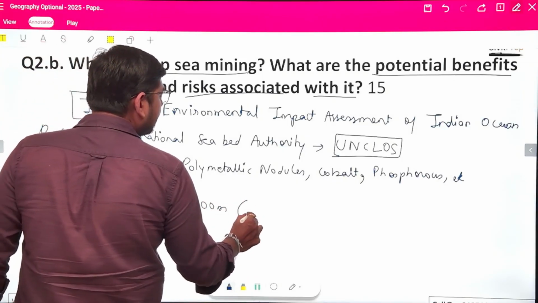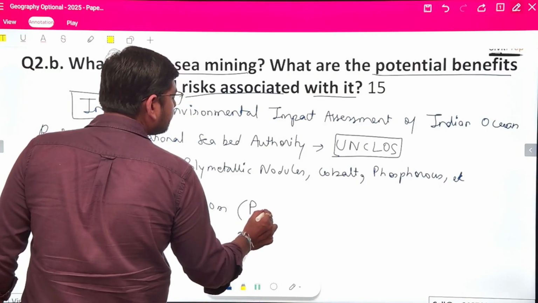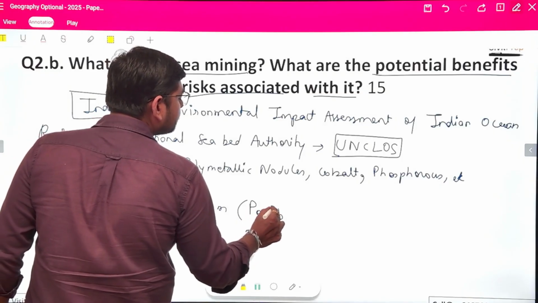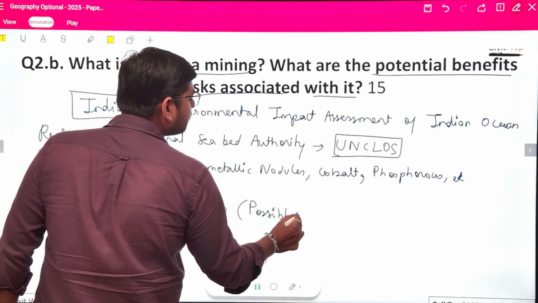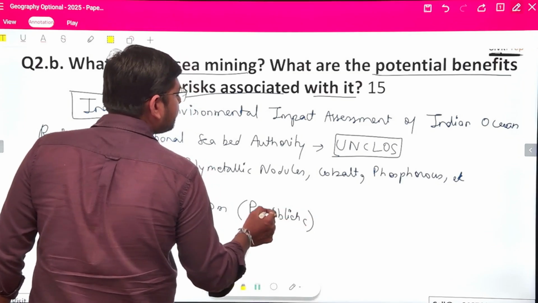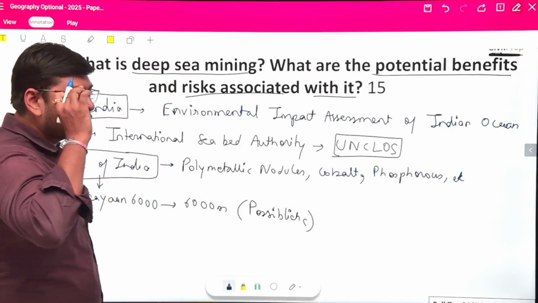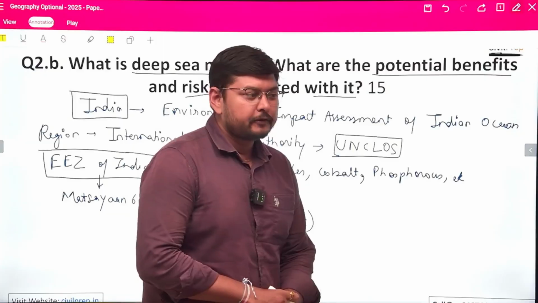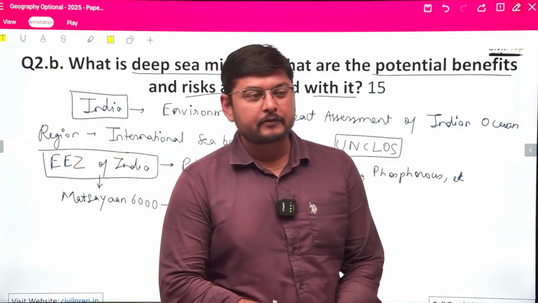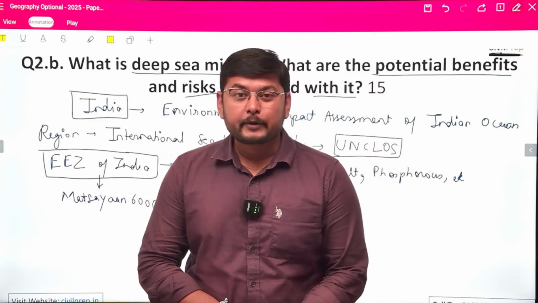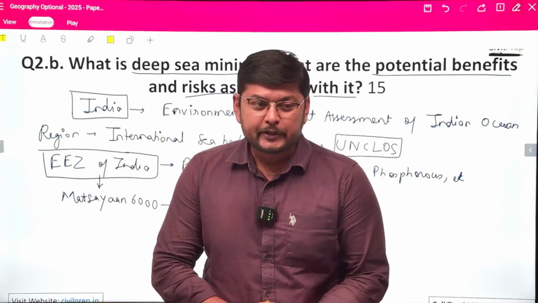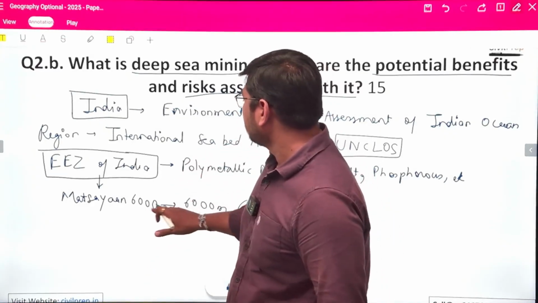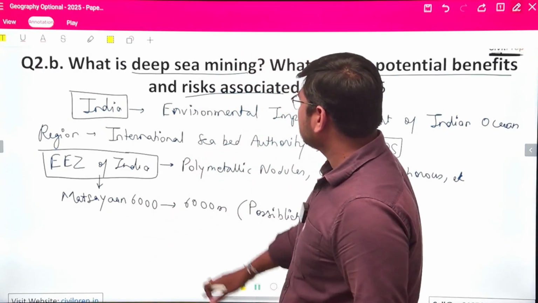So here we can see that this is a possibilistic approach, where we are able to go into the deeper part of the ocean. We are trying to overcome the limitations of nature, that is the high pressure and low temperature conditions. We are able to overcome them with this Matsya 6000.